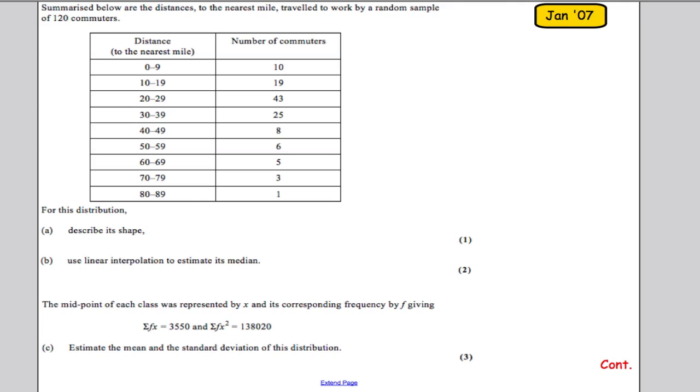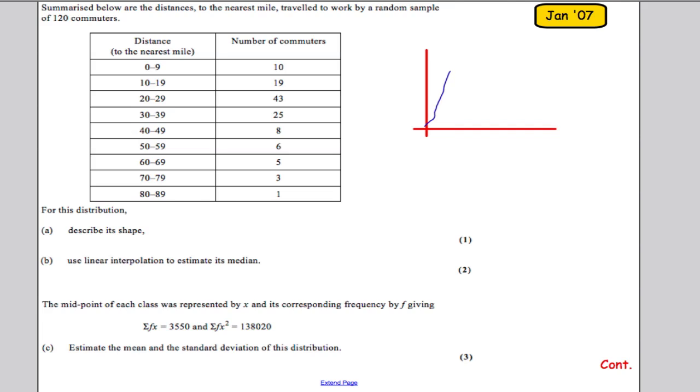Okay, and next question. Summarised below are the distances to the nearest mile travelled to work by a random sample of 120 commuters. For this distribution, describe its shape. Just to give you an idea what's going on here. The distribution seems to go up fairly quickly.